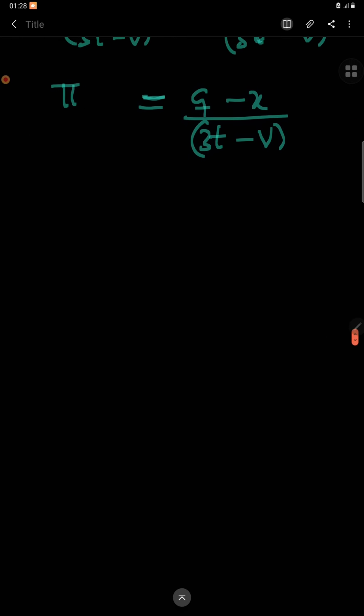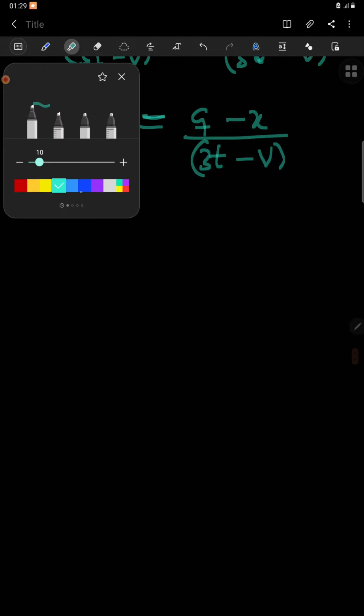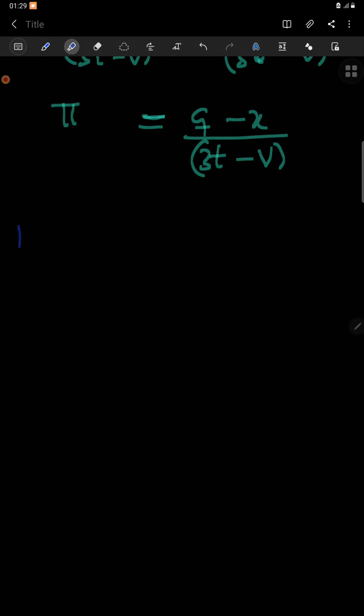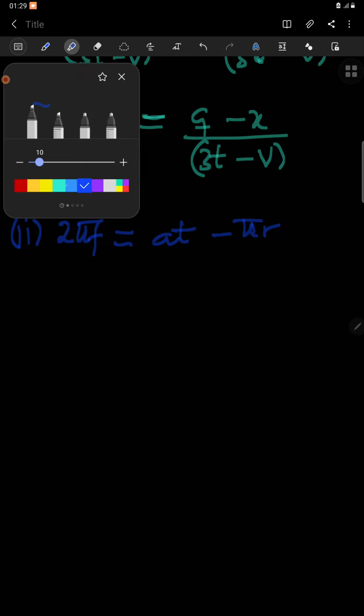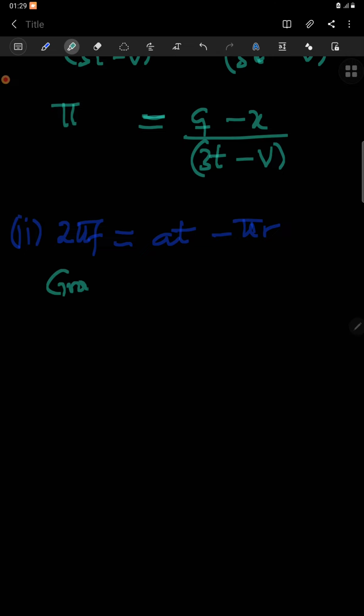Now let's look at the second example. The second one too, we want pi. We are given 2 pi f equals at minus pi r. So just like what we did, the first thing we did was we group terms.